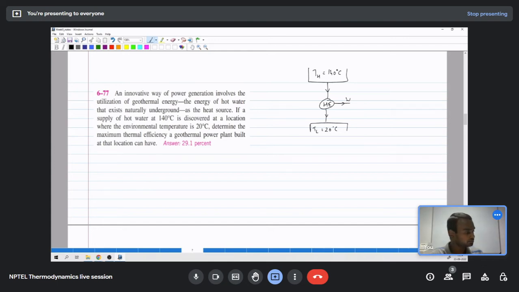Now converting the temperatures to Kelvin, we have 413 Kelvin for the high temperature reservoir and 293 Kelvin for the low temperature reservoir. So we can calculate the efficiency as 1 minus TL by TH, which is 1 minus 293 by 413.